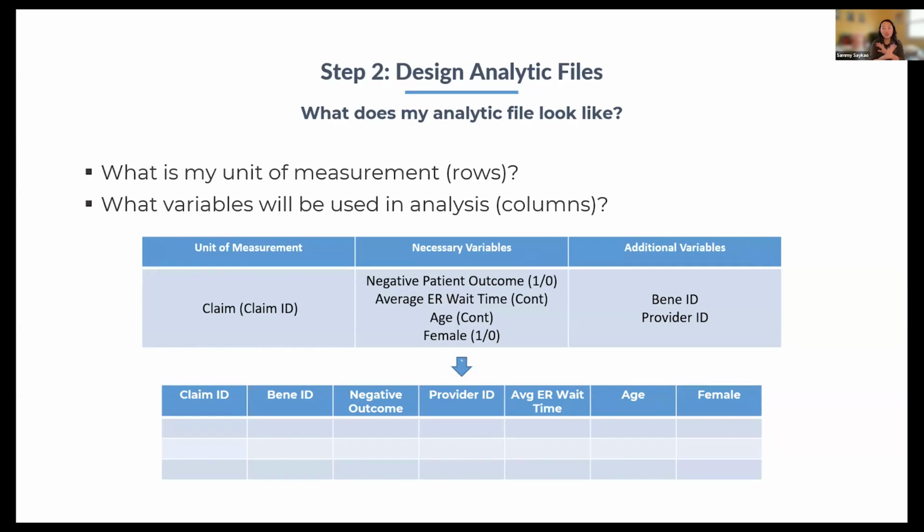And then additional variables, totally up to you on how you want to define it. Here, I've put the Benny ID and the provider ID. Benny ID for linking demographic information, and then a provider ID to link to our fake external data set. So when you take all that information and translate it into a dummy table, that's how you get what you see below. So we've got claim ID, Benny ID, and so forth.